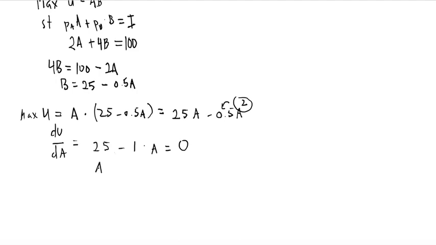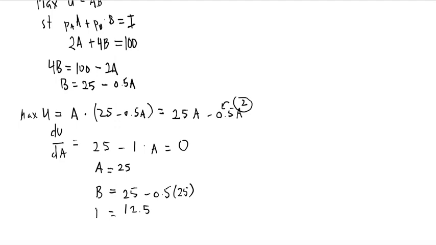Obviously here we have that A equals 25. And then we use our expression for B to figure out what B will be equal to, which is 25 minus 0.5 times A, where A is equal to 25, and therefore B equals 12.5.